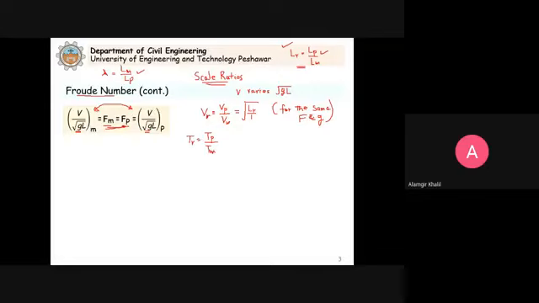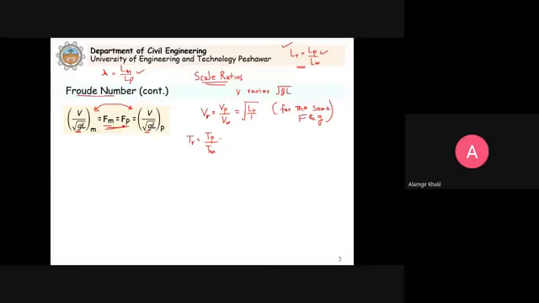Now, for example, you estimate the time for any fluid flow in the model, and you want to calculate what will be the corresponding time in the prototype. For that, if you are able to calculate the time scale ratio, you can multiply it with the time in the model, and you can estimate the time in the prototype. That's why these scale ratios are important. When we solve the problem, you will further see their importance.